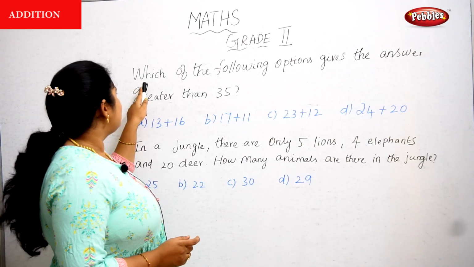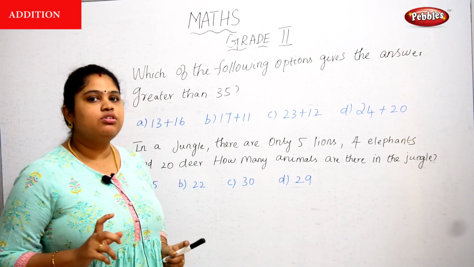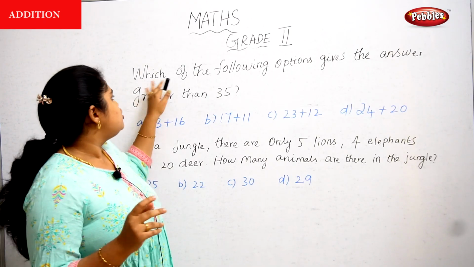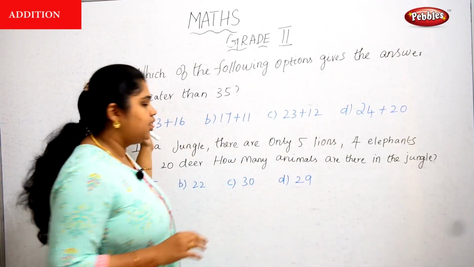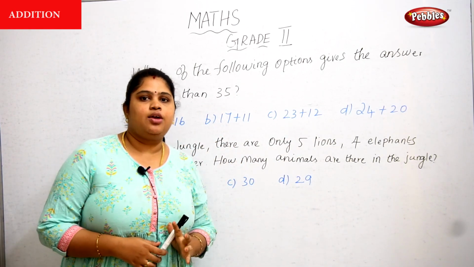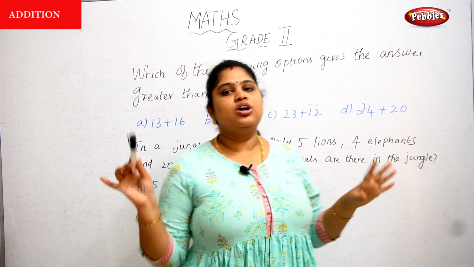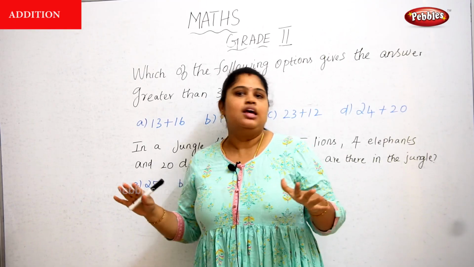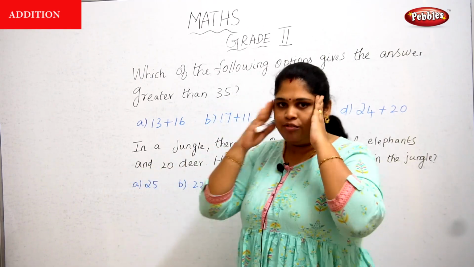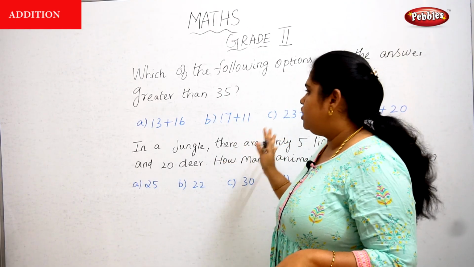See here, you have to be very clear with the questions. Which of the following options gives the answer greater than 35? Everything here is addition, not any other calculation. So you have to think about any problem regarding addition.